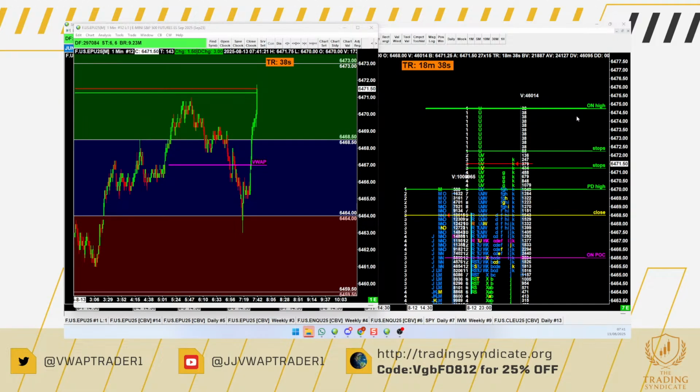Look at this, right? How many people do you think got trapped short there? Because you're seeing the result of that now, right? The more people get caught short under VWAP, the more buying pressure you're going to get. That's practical information, right?